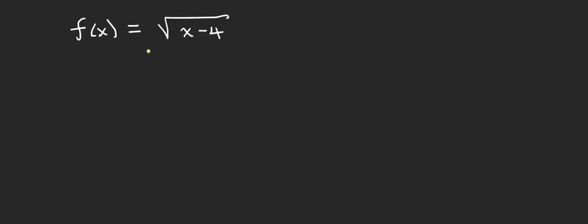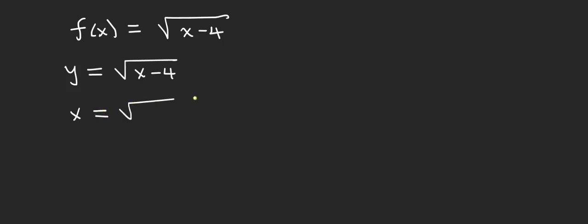And let's find the inverse of f of x. Using the same procedure, put y equals radical x minus 4, and interchange x and y, so you get x equals radical y minus 4. Now all we've got to do is solve for y. In order to solve for y, you need to square both sides to get rid of the radical.